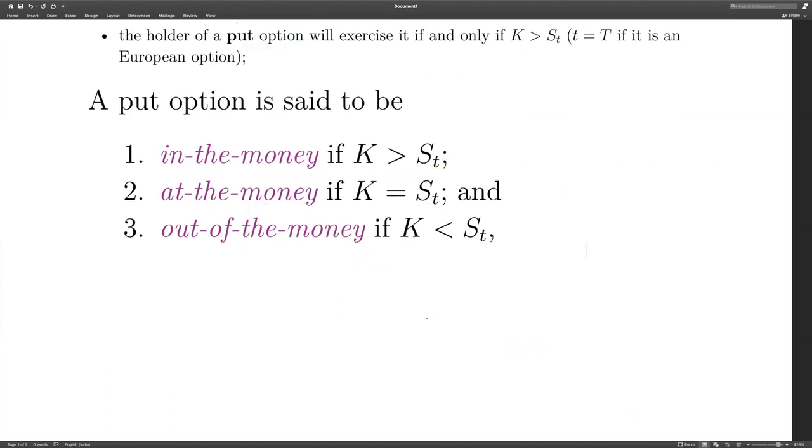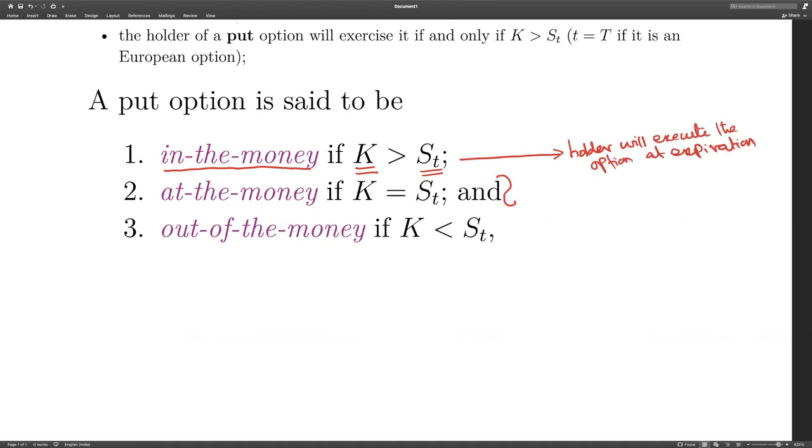Similarly, in the case of a put option, we say that the option is in the money if the strike price is greater than the spot price at time T. So in this case, the holder will execute the option at the expiration. Whereas in the other two cases, the holder will not execute the option at the expiration, right? How will you visualize the payoff here? Well, first let us see how the payoff is defined.